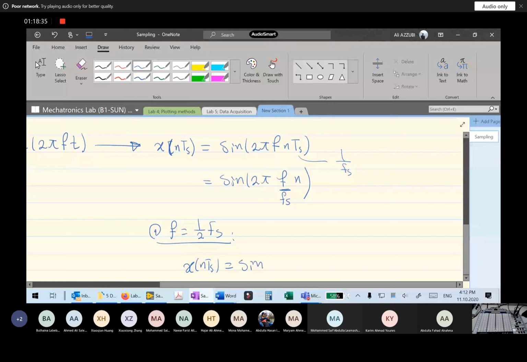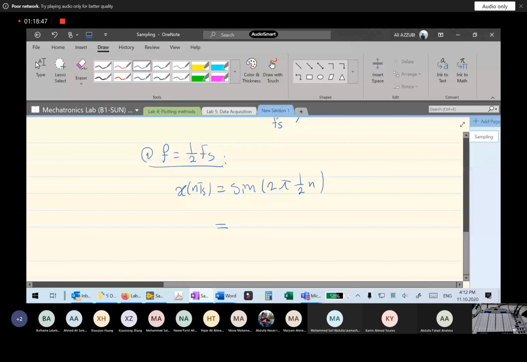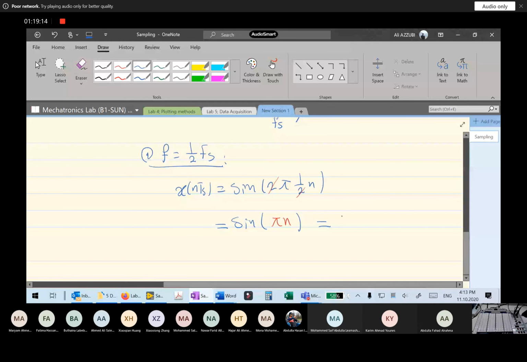Now, f over fs is half times n, right? Are you following? Now this equals sine pi times n. And what does this equal, Shabab? Integer multiple of pi. What does this equal? 0. So this is 0, right?